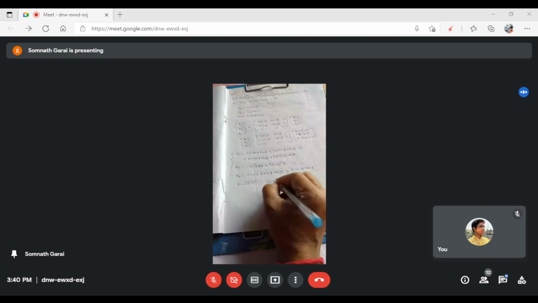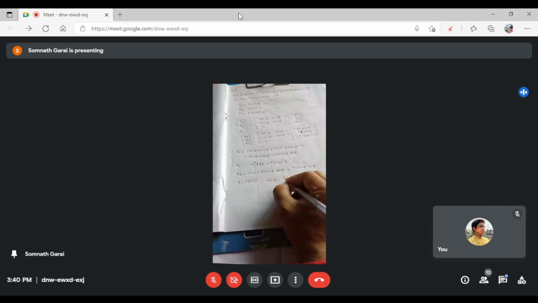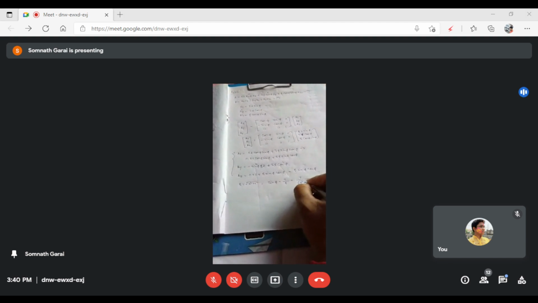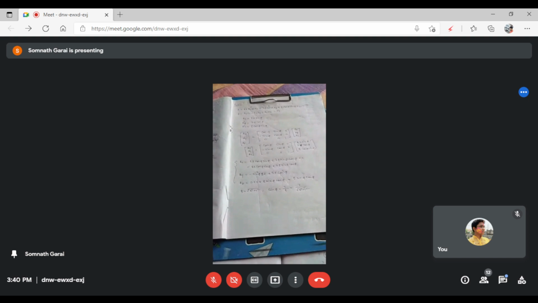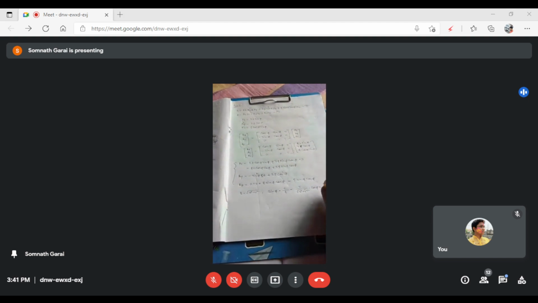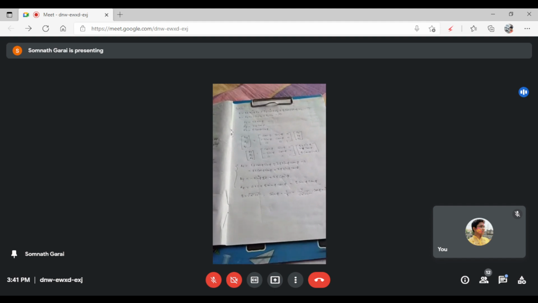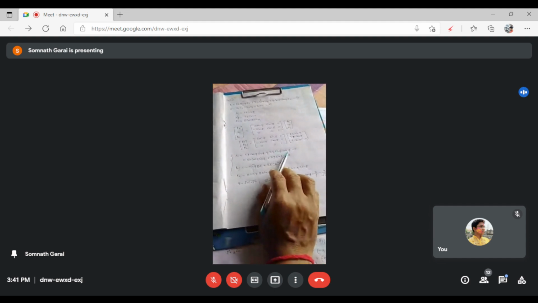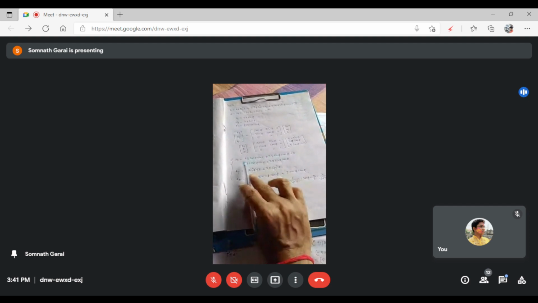Sin phi is equal to y by rho, that means y by root over x square plus y square. And cos phi is equal to x by rho, that means x by root over x square plus y square. Now put the values of sin phi, cos phi and rho in ax.